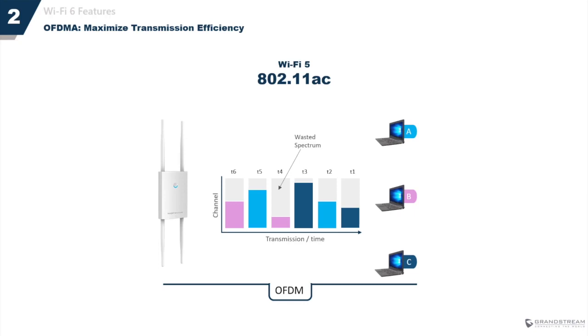For example, T4 in this image shows how a whole channel is used to carry a small data frame, which leads to a big part of the channel not being used. So OFDM is not efficient in how it uses the wireless medium, especially when handling small data frames.